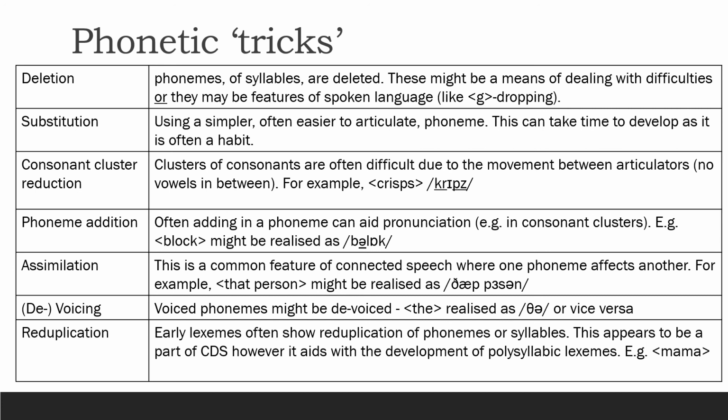Phoneme addition then, so that's adding on or adding in phonemes, which can often make things easier to say. And so here, on the other slide we had that schwa added at the end of dog to make dogger, but we can have phonemes added inside words. So here we've gone from block to berlock.